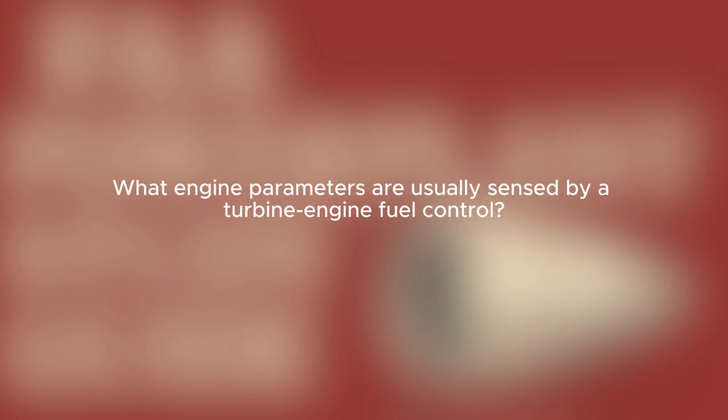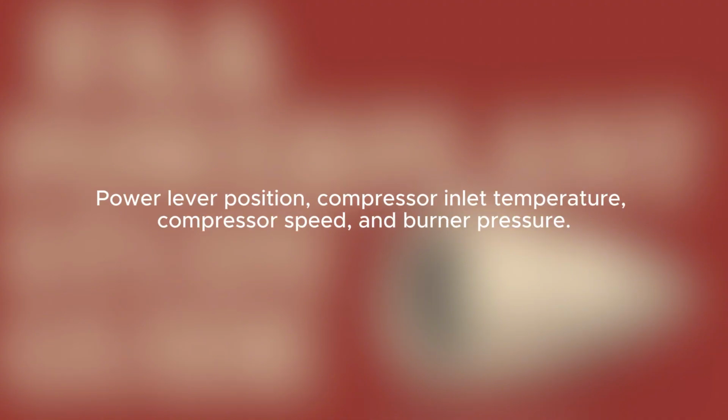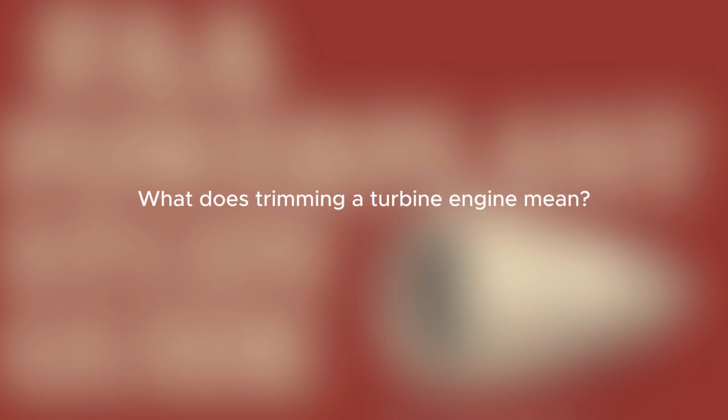What engine parameters are usually sensed by a turbine engine fuel control? Power lever position, compressor inlet temperature, compressor speed, and burner pressure. What does trimming a turbine engine mean?